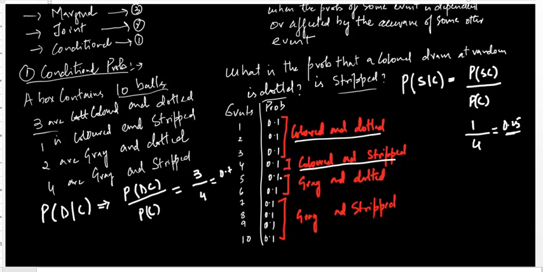So this is the way we calculate the conditional probability under the condition of statistical dependence.